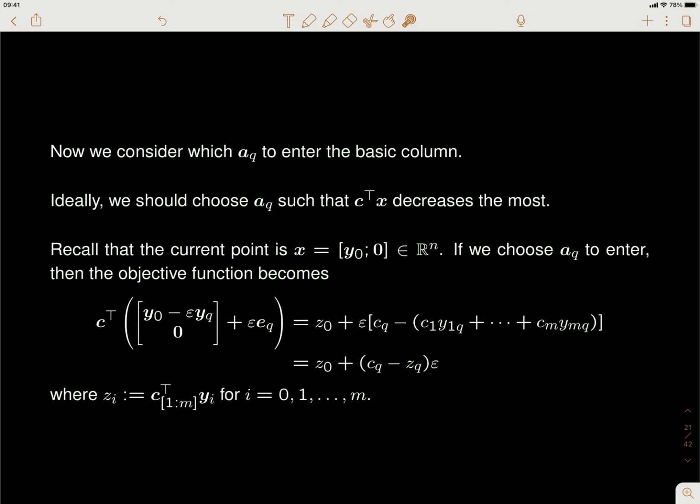Suppose at this moment our basic point x is y0. Now if we choose a q to enter the set of basic columns, let's see what new objective function we will get.